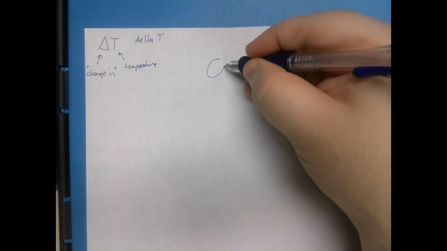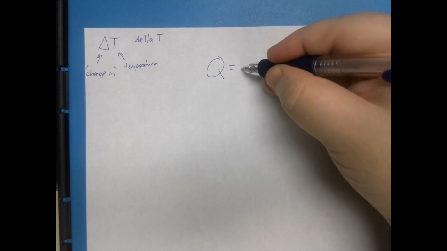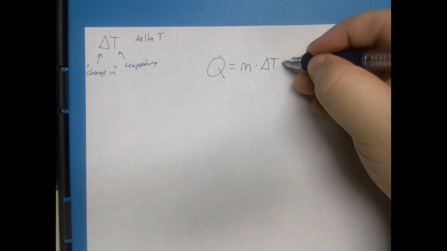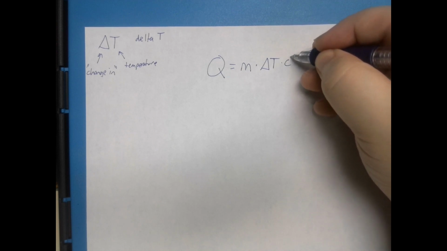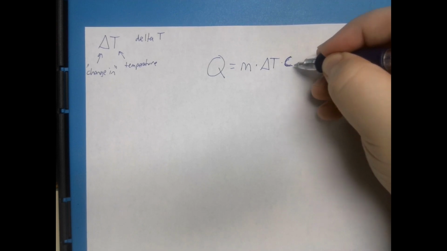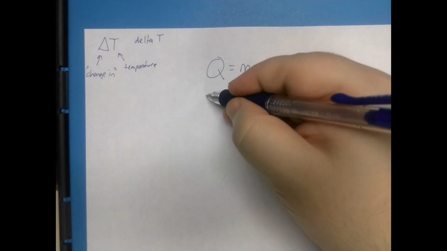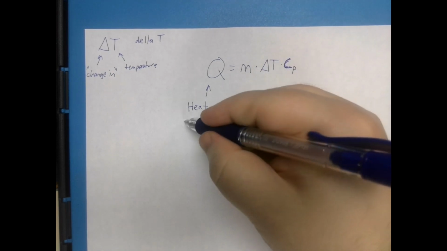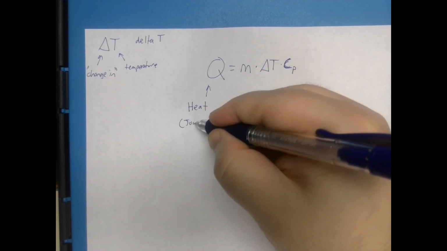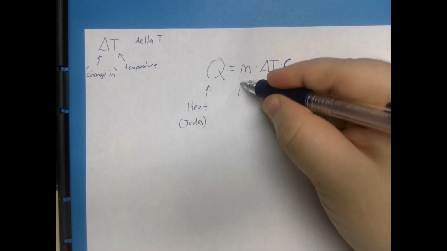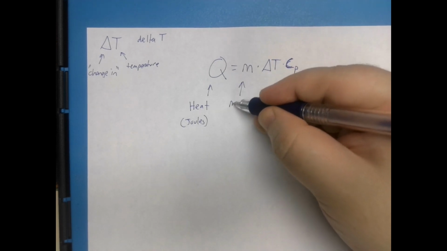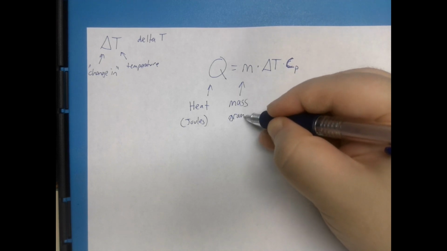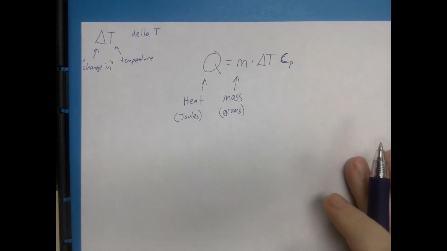So heat is equal to mass times the change in temperature times capital C. So this is heat. It'll be measured in joules. This is mass. In this class, we're going to be using grams. In my other classes, we use kilograms.